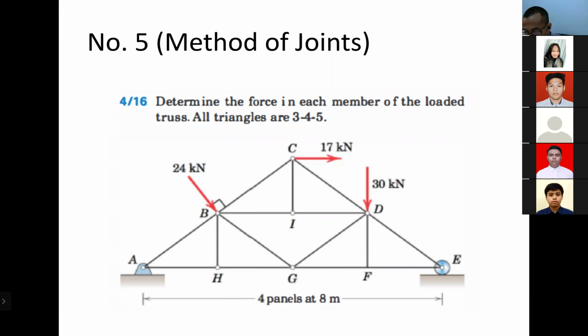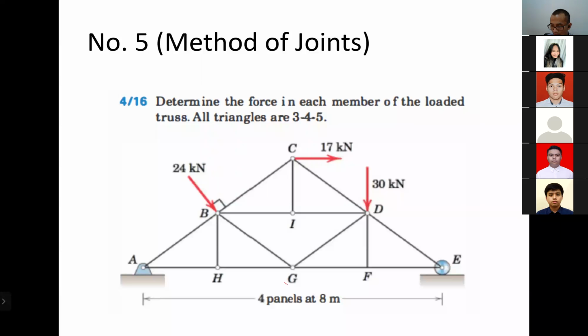Risky, do you find any zero force member here? There is, sir. Yes, if I remember. Okay. How about you, Asep? Do you find zero force member as well? At G, sir. G?